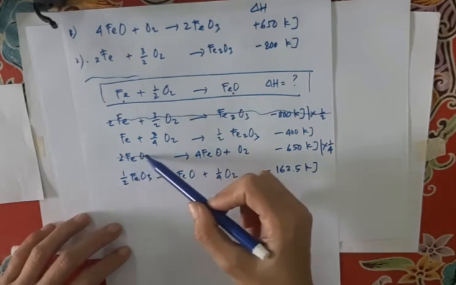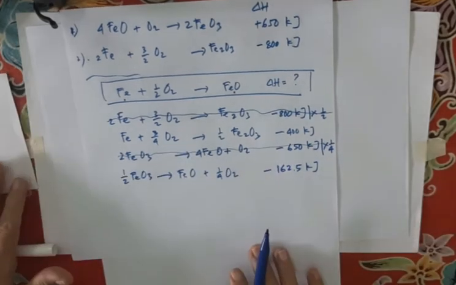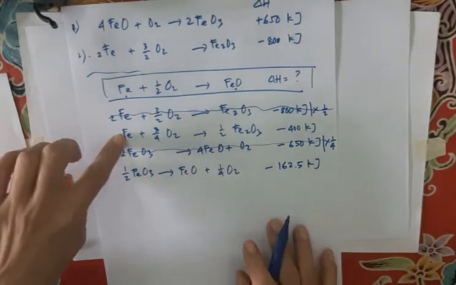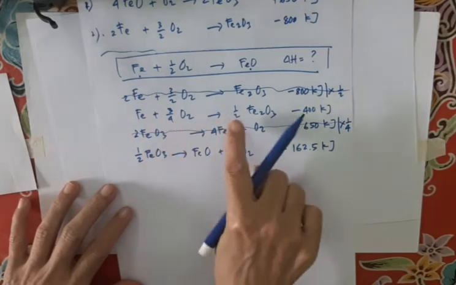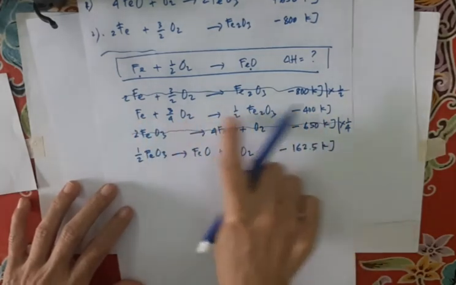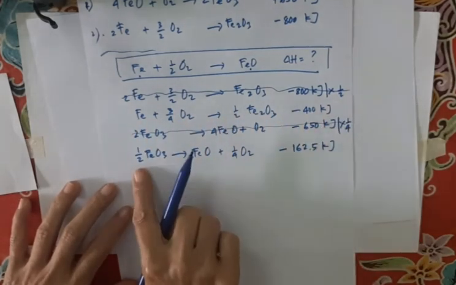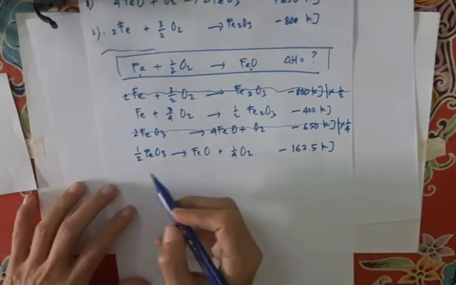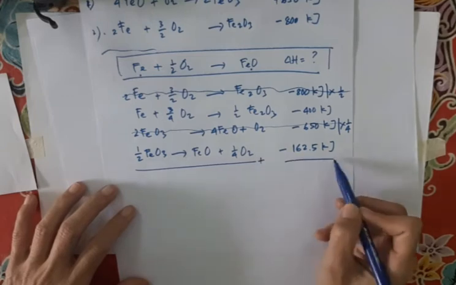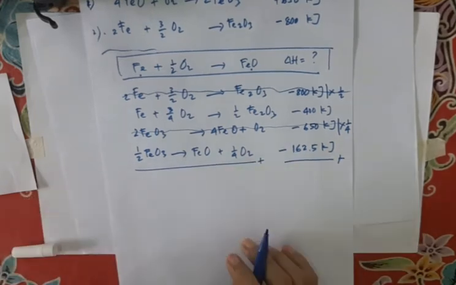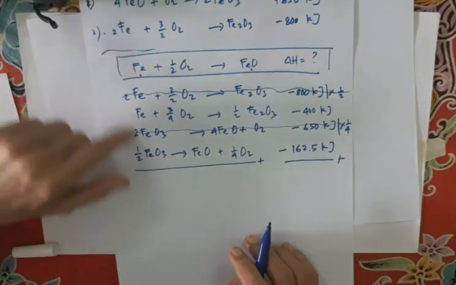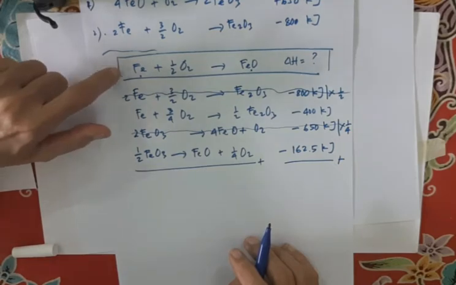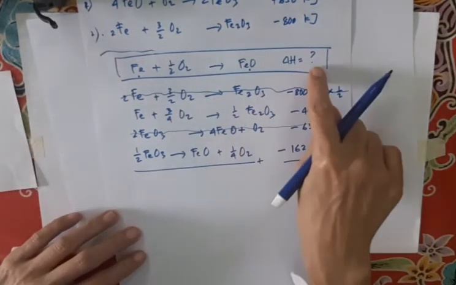So we don't need this equation, right? Now we have two equations. We can sum these. The sum of these two equations must be our focus, the final equation.